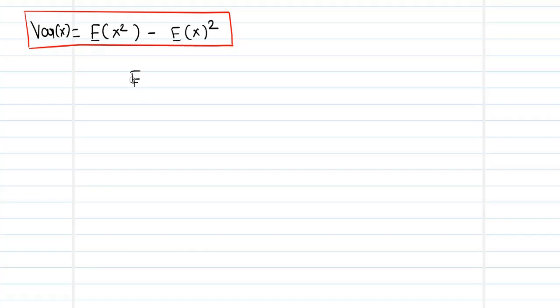So what is E of x here? E of x is the summation of xi into probability of xi for discrete data, or the integral of x into f of x dx for continuous data. This defines the second term.